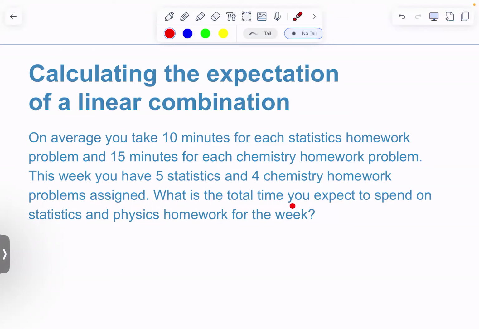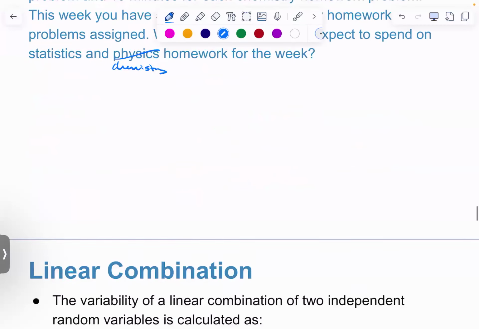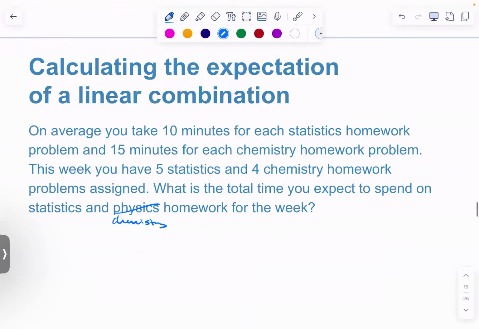What's the total time you expect to spend on statistics and physics? Haha, nice try, guys. Let's say chemistry. Let's do chemistry just for simplicity.